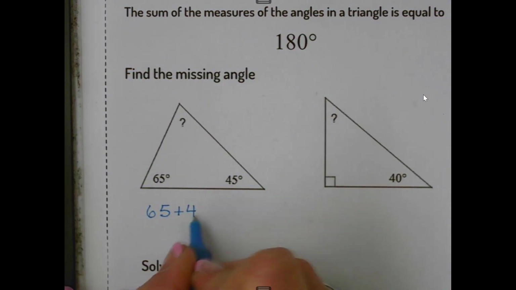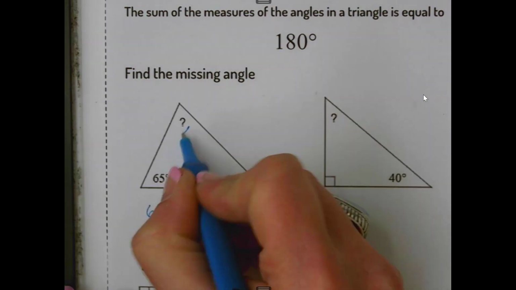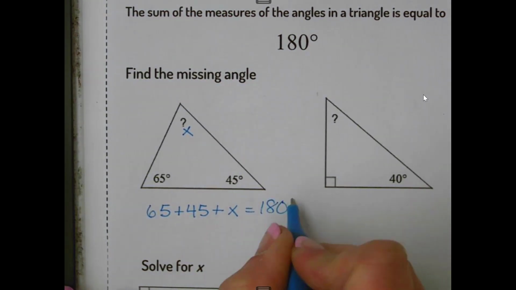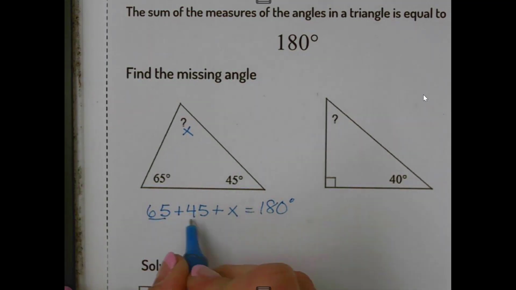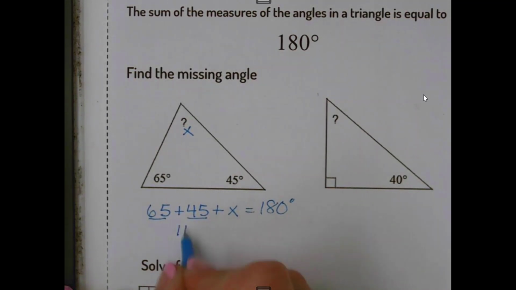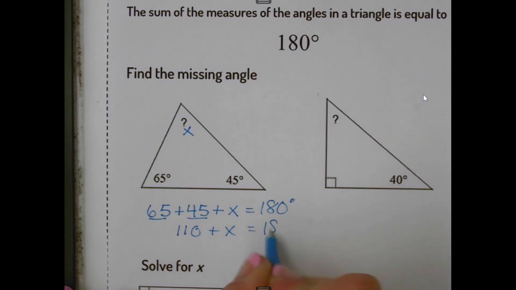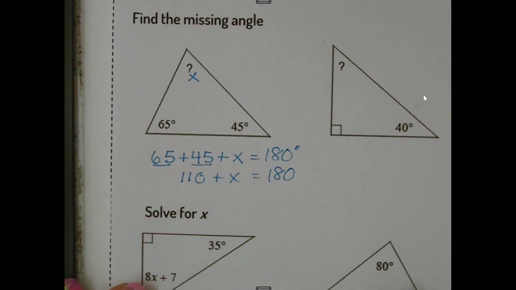65 plus 45 plus x, I'll just make this variable x, equals 180. And so we need to solve that. These are like terms, those are constants. 65 plus 45 is 110, plus x equals 180. Now this is down to just a one-step equation.